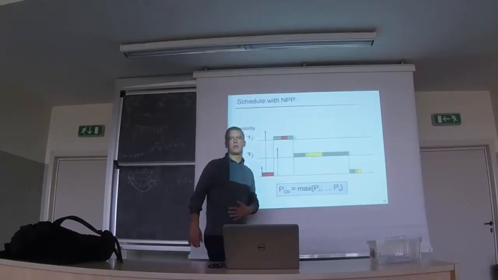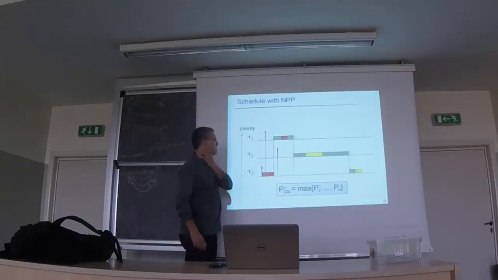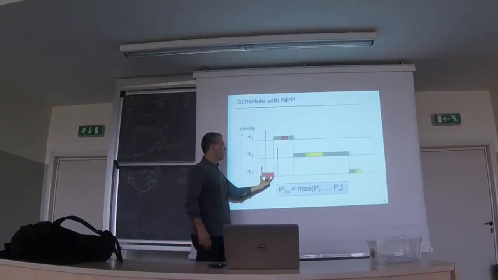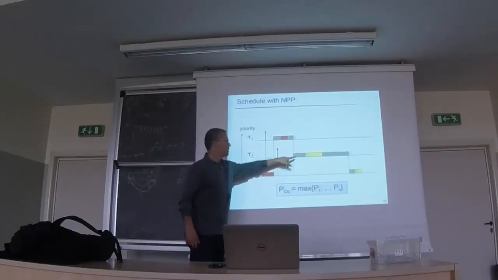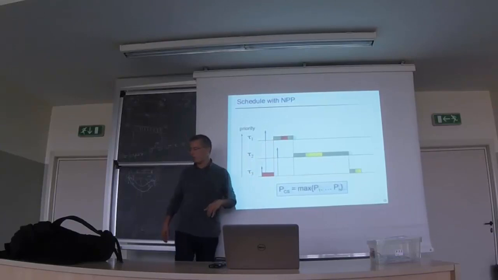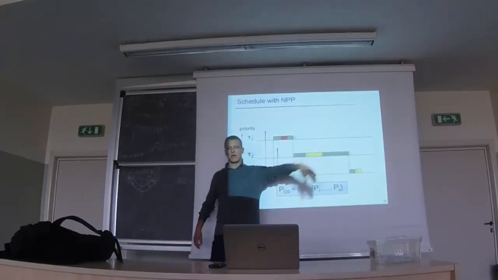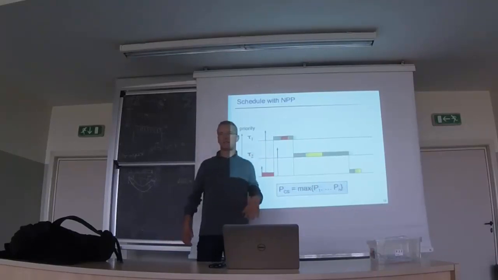We saw that one option could be to use the non-preemptive protocol. So we execute critical sections in a non-preemptive fashion. This time, this guy is blocked for a smaller amount of time. With a non-preemptive protocol, it will never be the case that this guy will be blocked forever by a middle priority task.